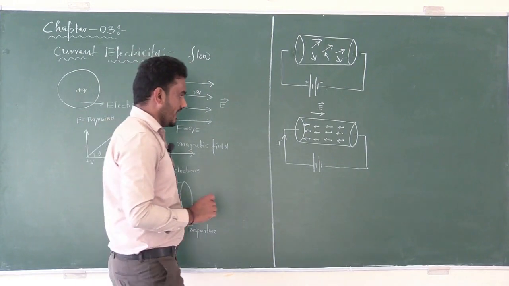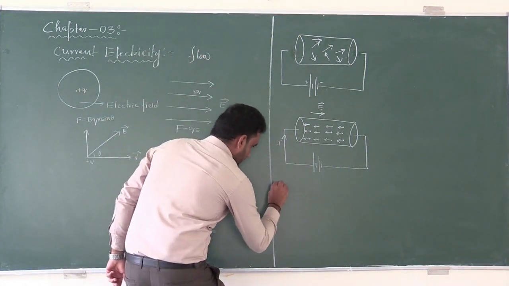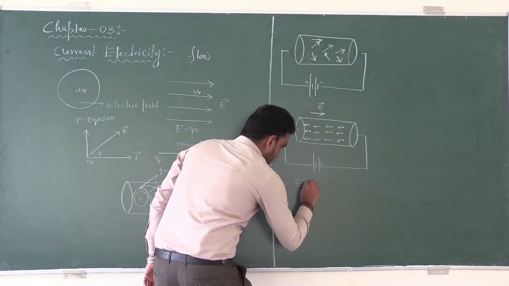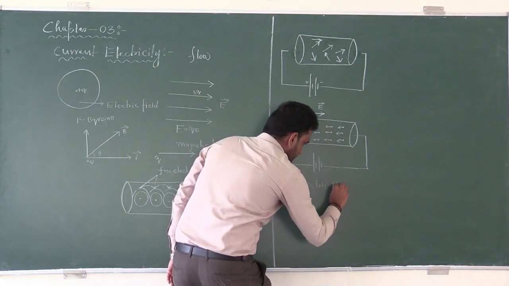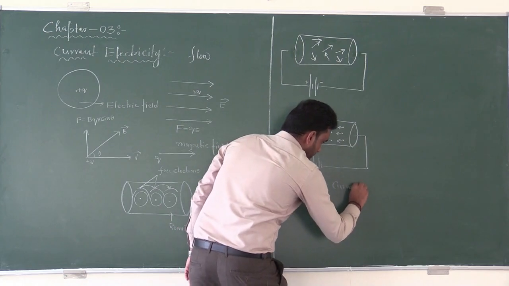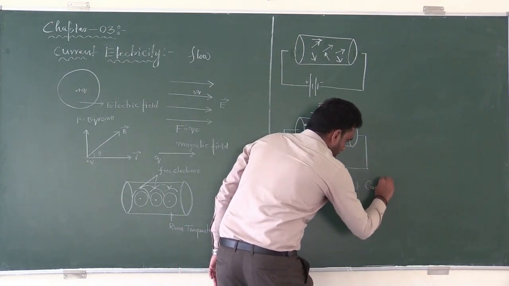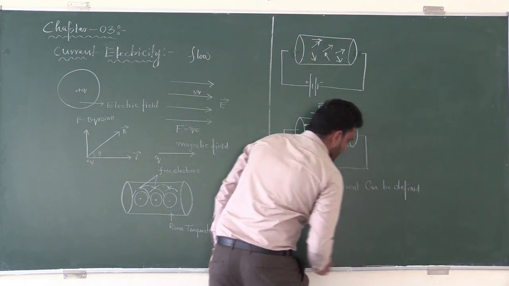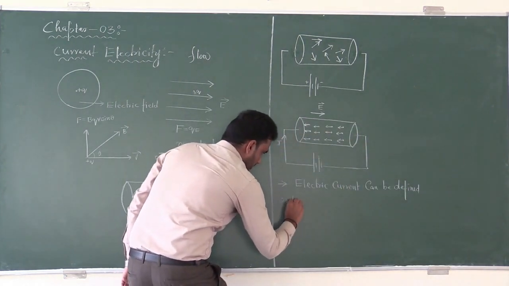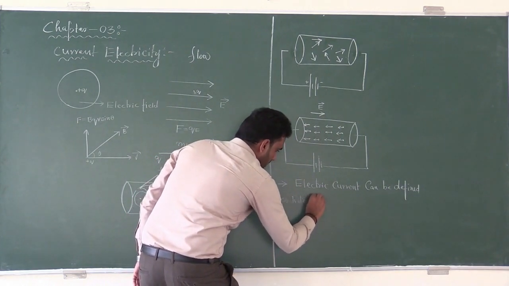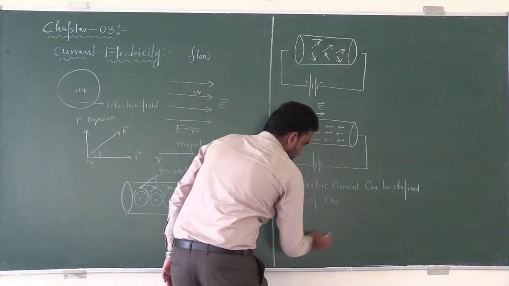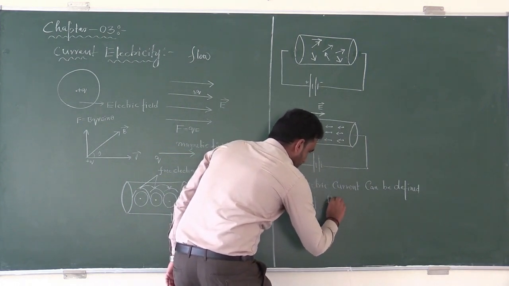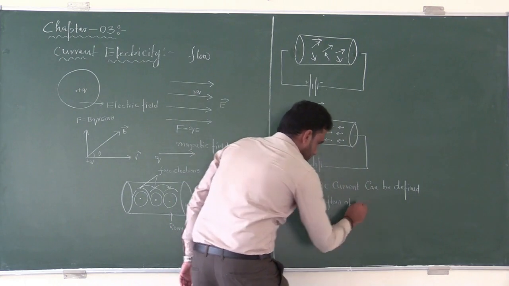So we can define electric current as the rate of flow of electric charges.